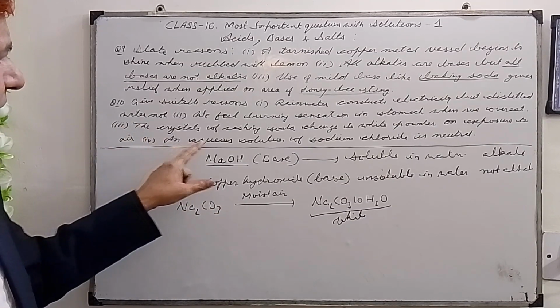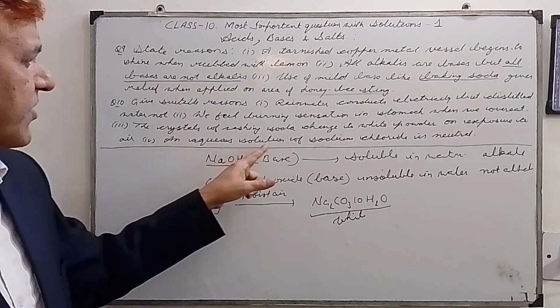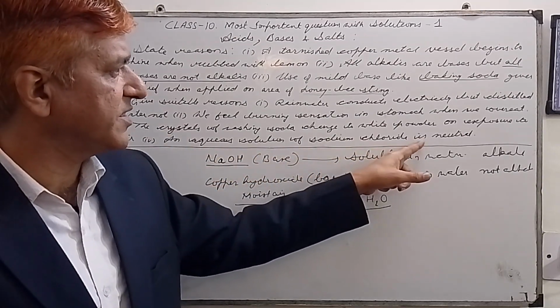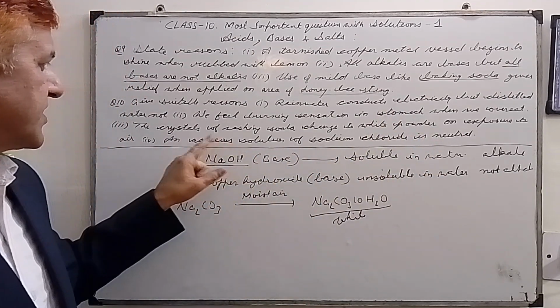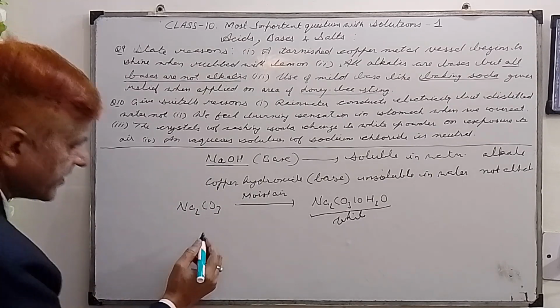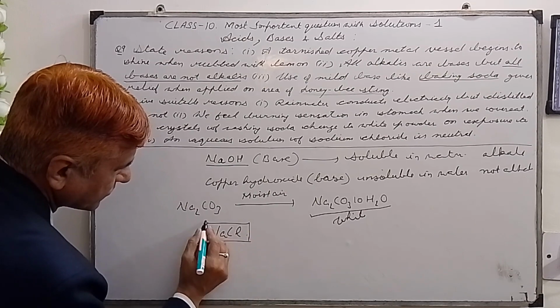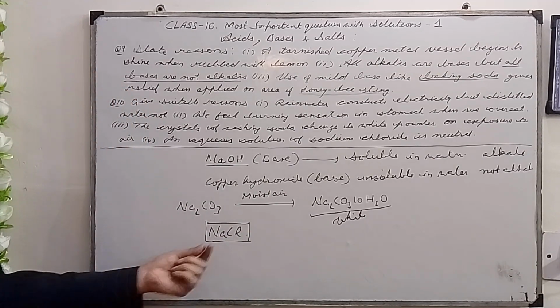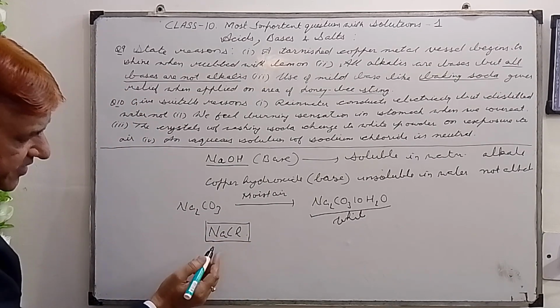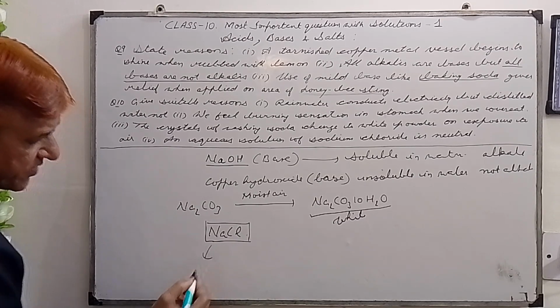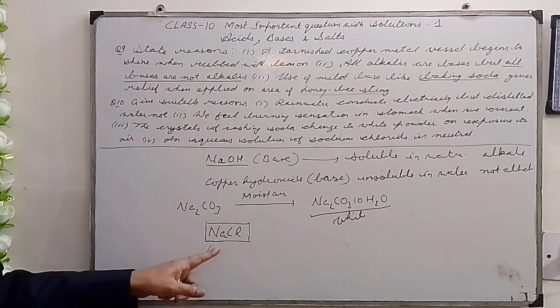Then the fourth part: an aqueous solution of sodium chloride is neutral. My dear students, this is sodium chloride, this is a salt. Salts are made by reaction between an acid and a base. Please remember this.